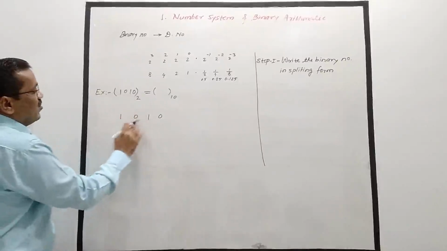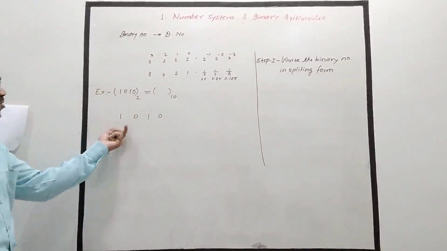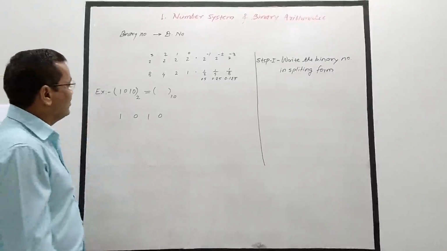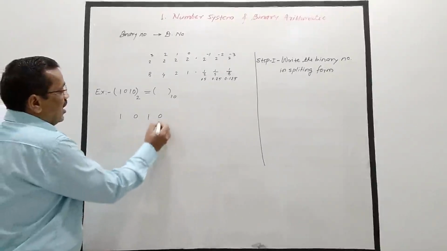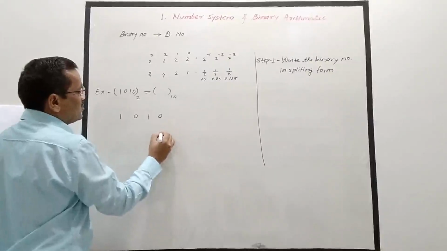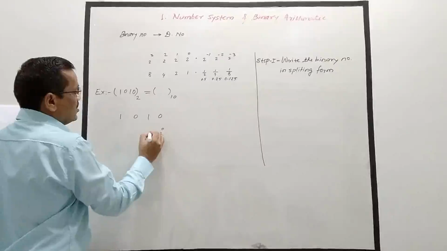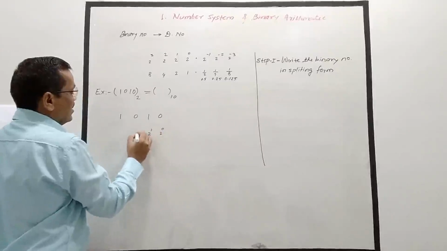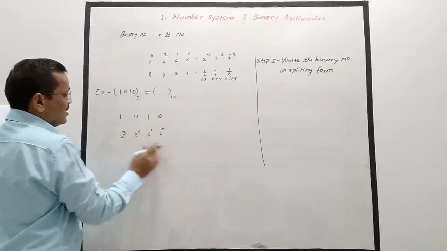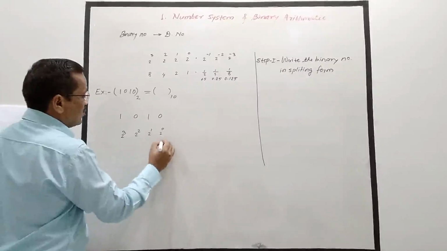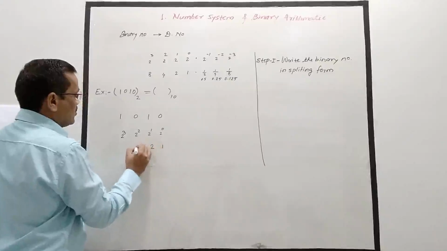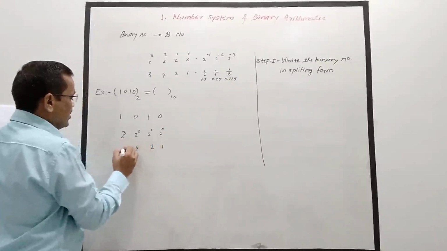This is the given binary number, and we have to convert it into its decimal number. Now this 0 has a binary weight of 2 raised to 0. This is 2 raised to 1, 2 raised to 2, and 2 raised to 3. That is, 2 raised to 0 is 1, 2 raised to 1 is 2, 2 raised to 2 is 4, and 2 raised to 3 is 8.